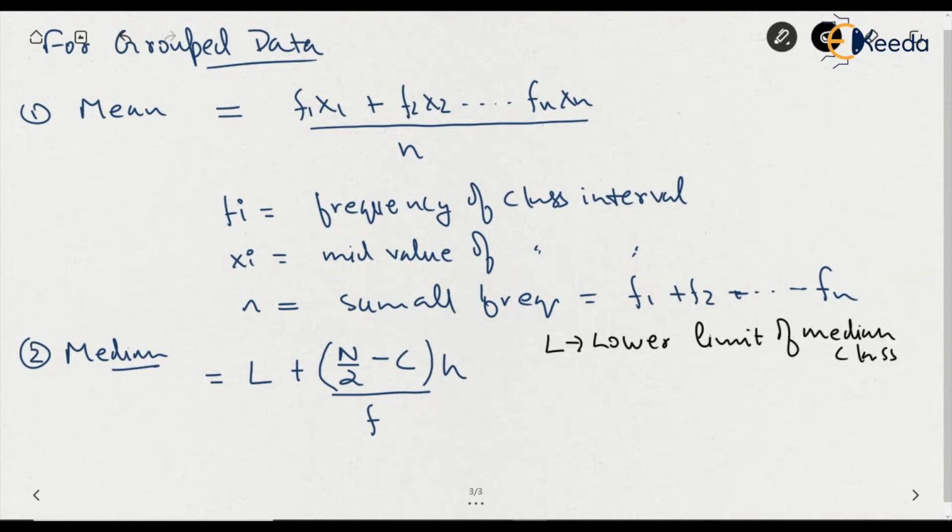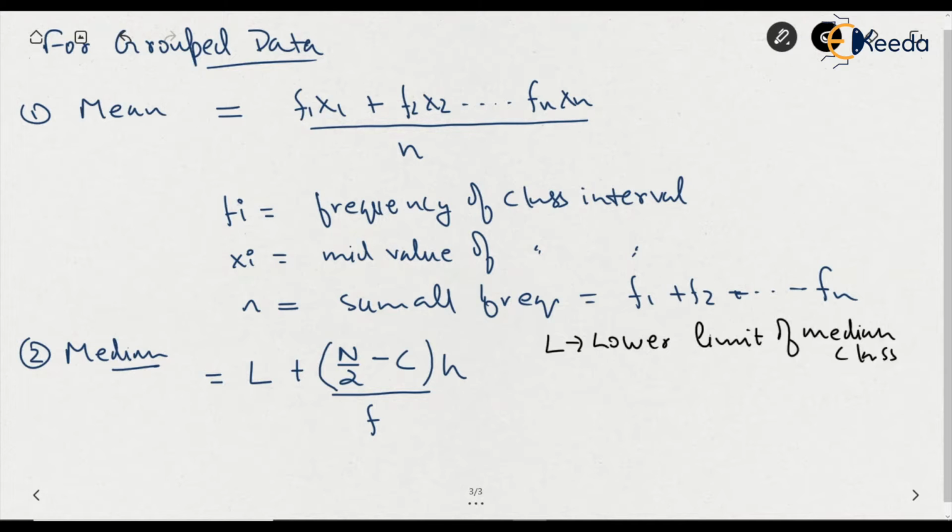We'll sum up all the frequencies. Like we started with the first interval with frequency 5, then 10, then 15, then 20 and so on. So we'll sum up all the frequencies and then divide by 2.